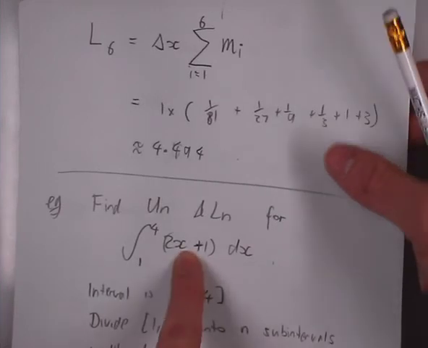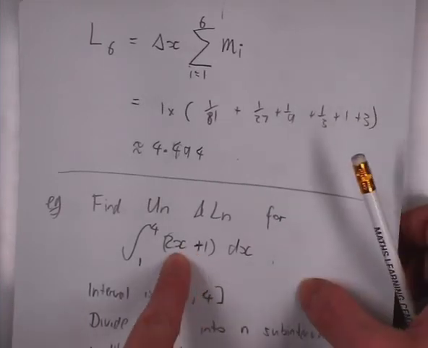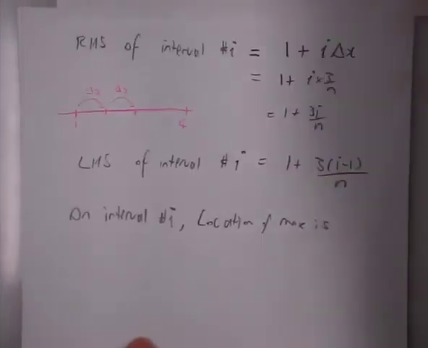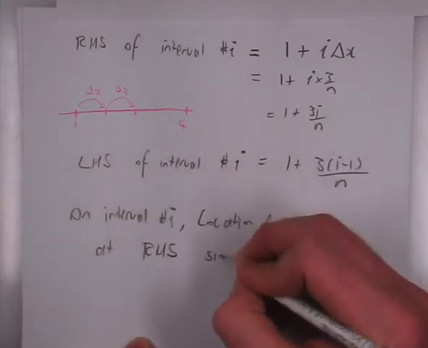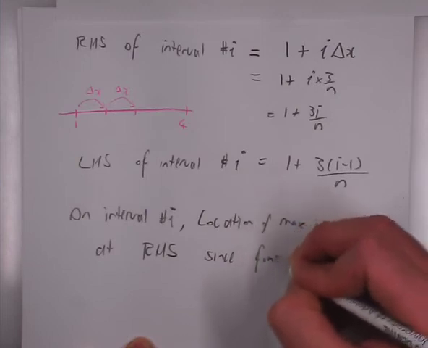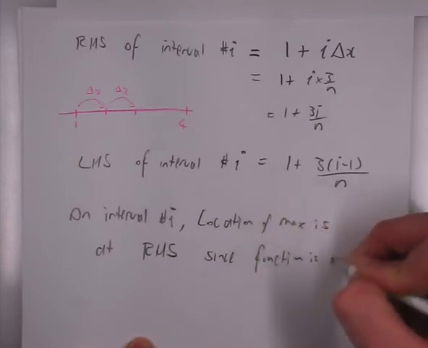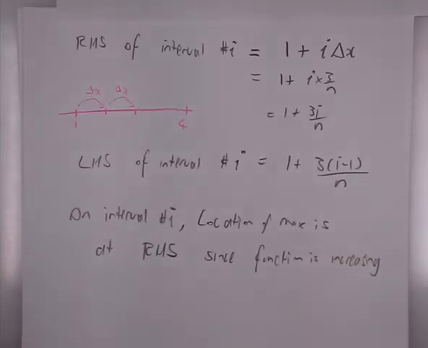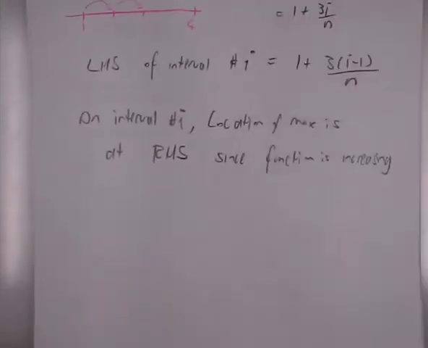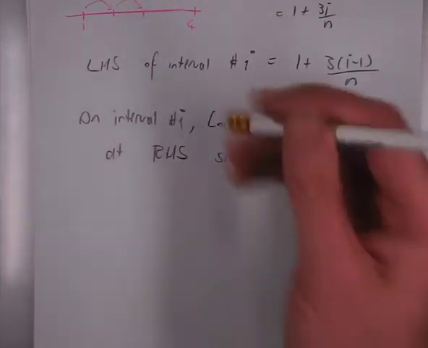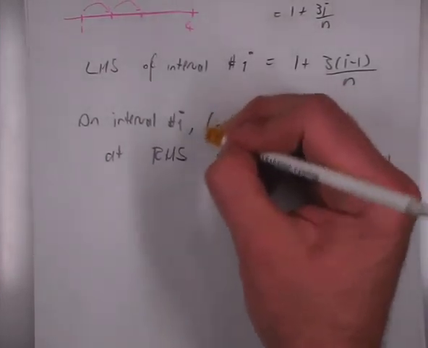My function is increasing. It's a straight line with positive slope. So it is at the right-hand side, since the function is increasing. If it was decreasing, the maximum would be at the left-hand side. That's my description of where the maximum is.